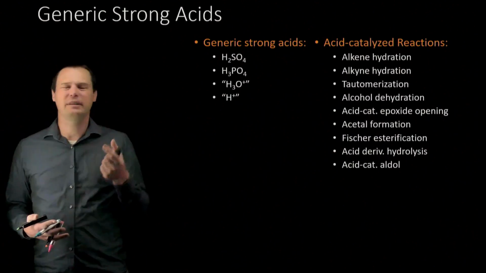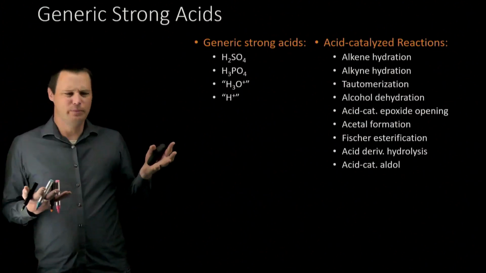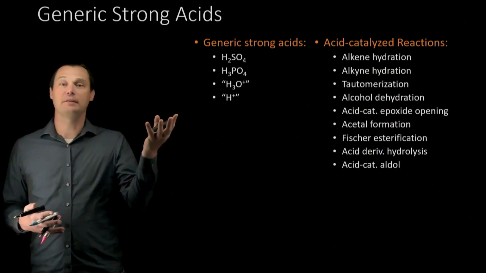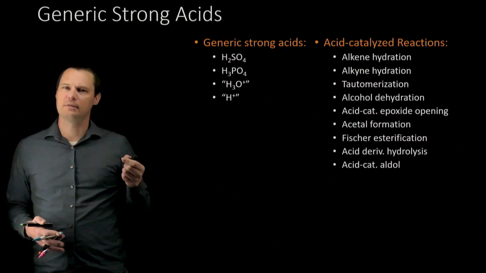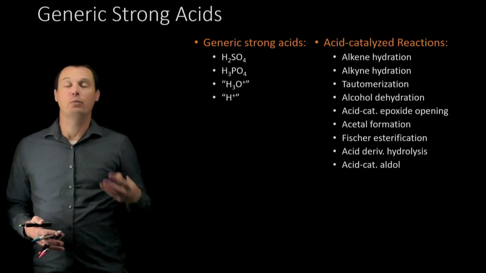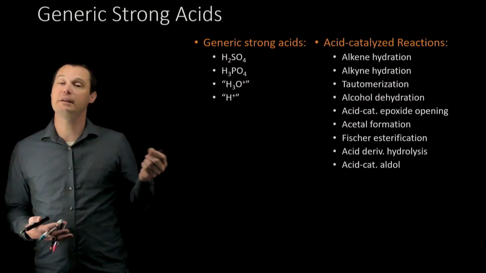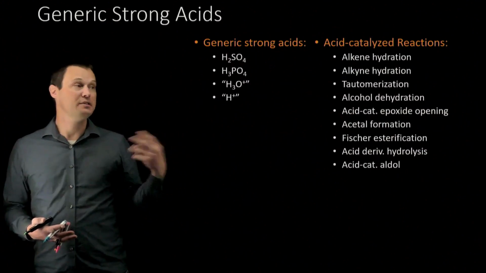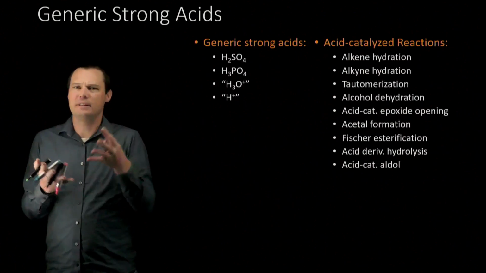They don't really exist. What I mean by that is you don't go to the chemistry store and ask for their finest bottle of H+. That doesn't exist. You can't do that. H3O plus is what happens when you add an acid to water. When you add sulfuric acid to water to make 6 molar sulfuric acid, what you're making is H3O plus. And H plus is even more abstract than that. Naked H plus just doesn't exist in solution.